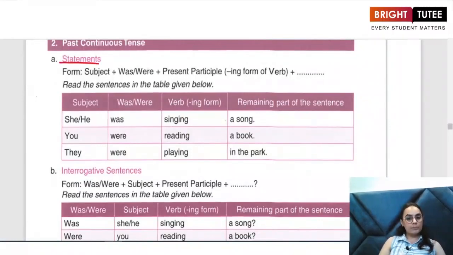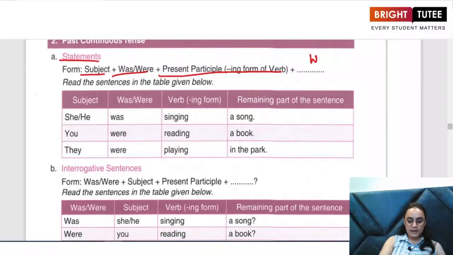So when we talk about the past continuous tense, what is the structure of a simple statement? Subject plus was or were plus the ing form of the verb. So you have two helping verbs that we have here, was and were.